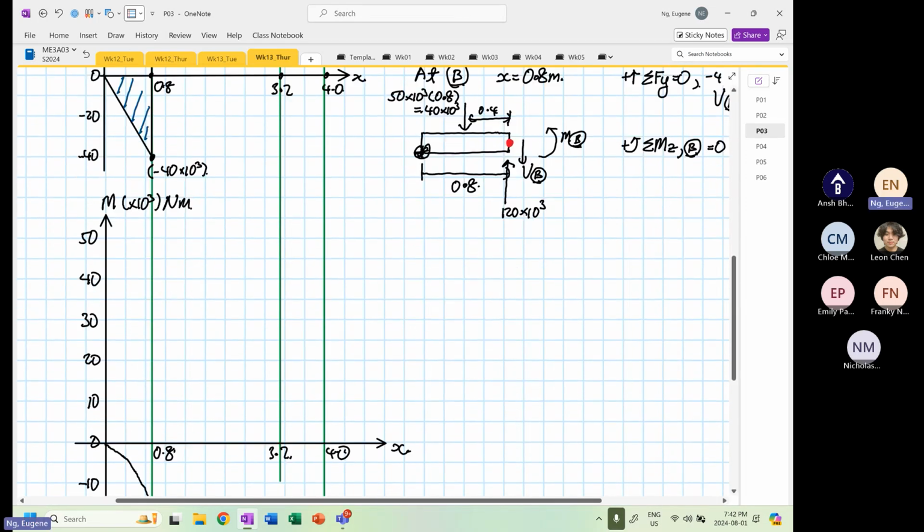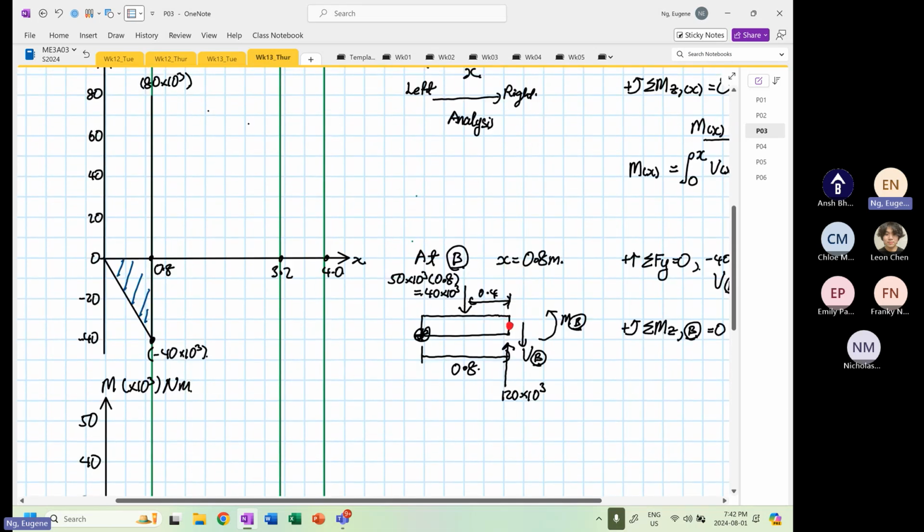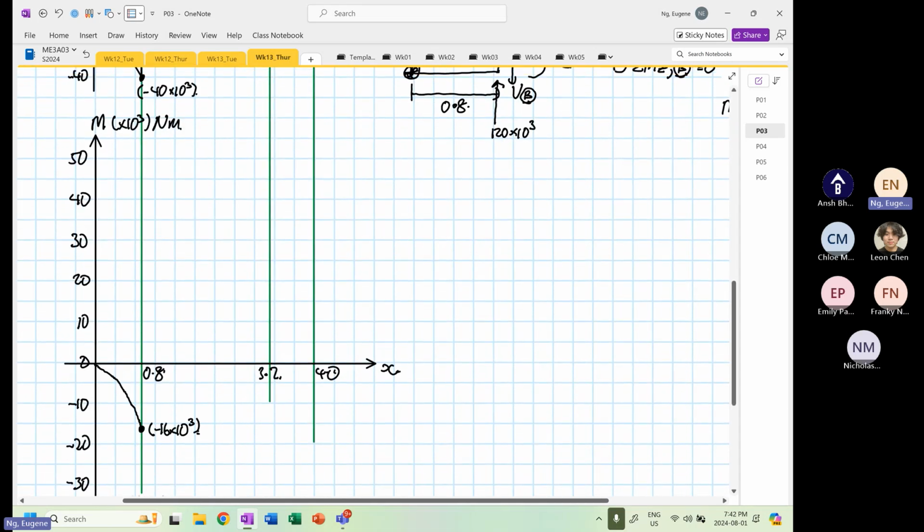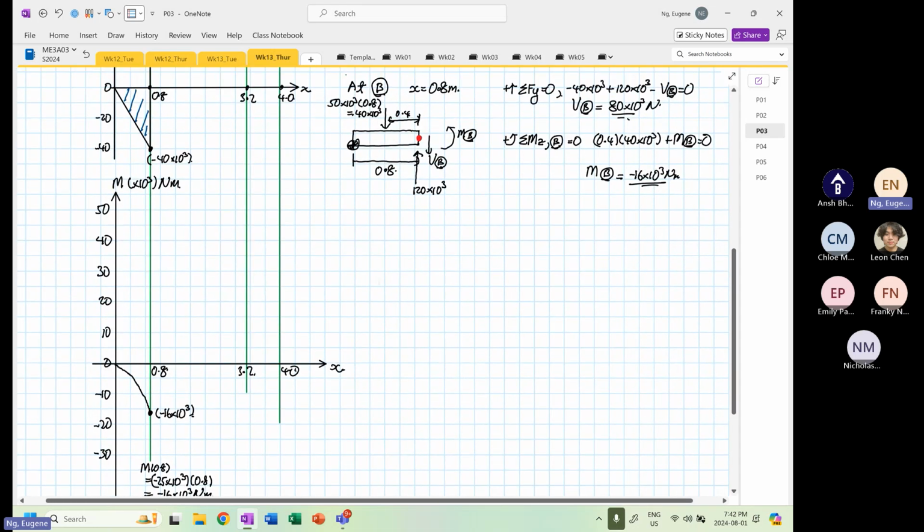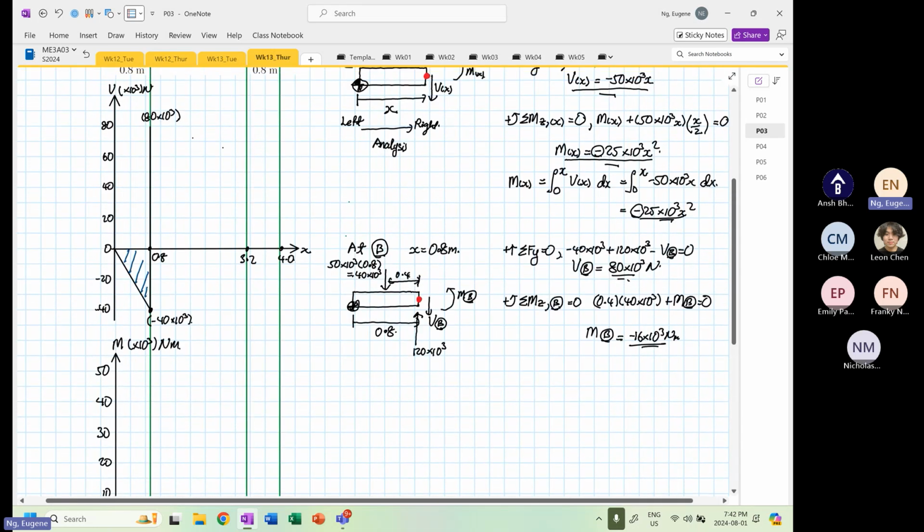So you can see at point B, the shear going up to 80, there's no area. That's why the moment stays at minus 16 times 10 to the power 3. But you have to do this. If you don't, you'll miss out on what is going on at point B.